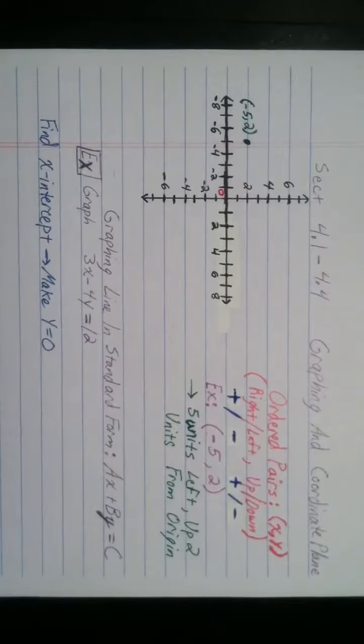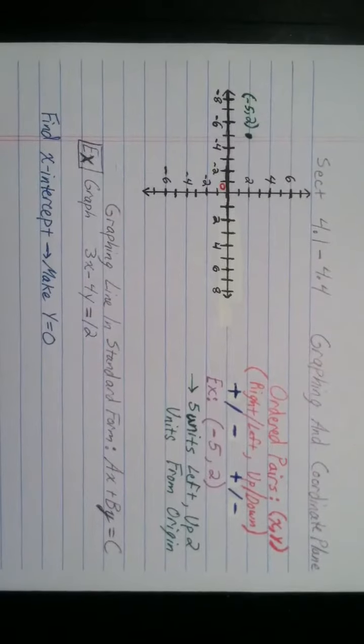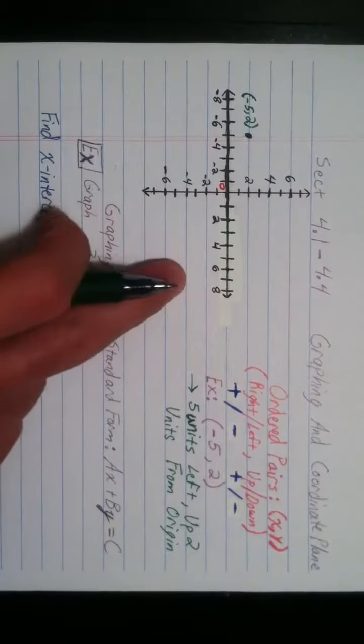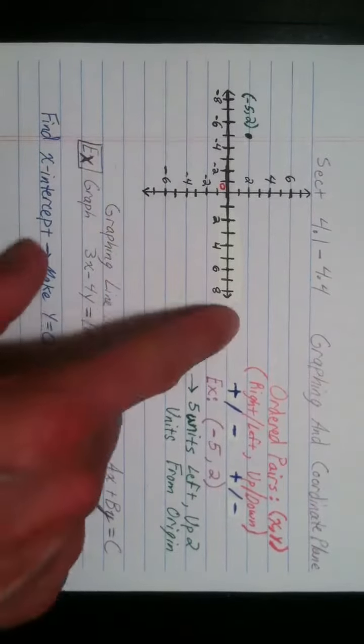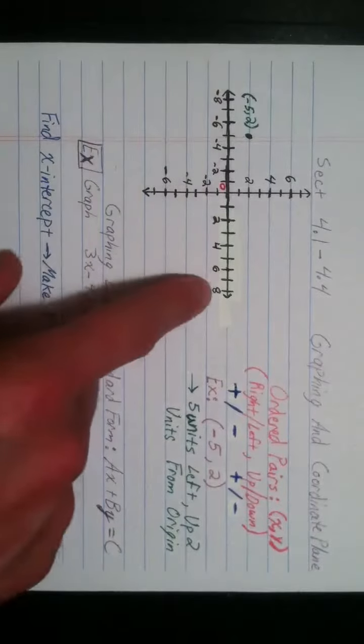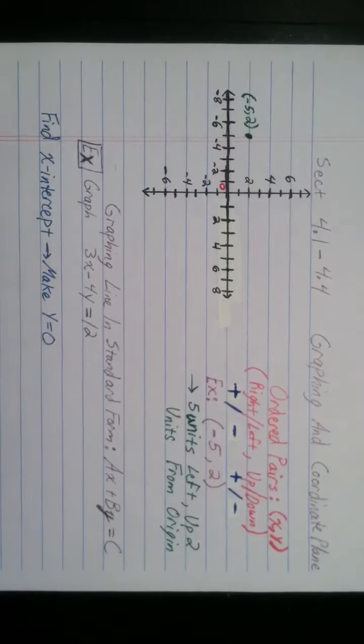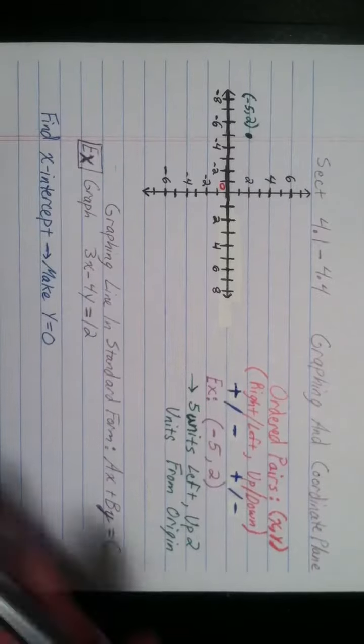Okay, some other basic pieces we need to know about the coordinate plane is we call these two major lines, one of them vertical, one of them horizontal, we call them axes. One is an x-axis, one is a y-axis.